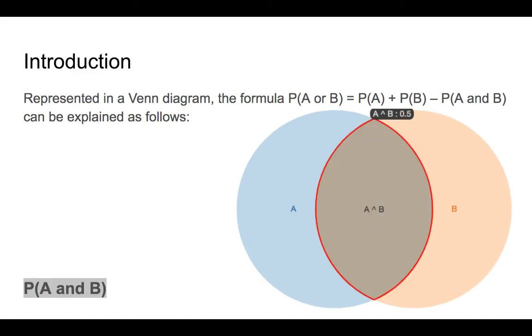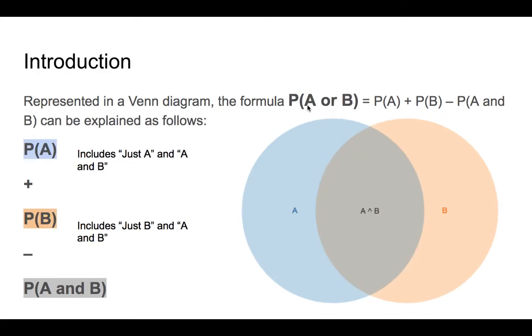And this one could be written as the probability of A and B. So to work out the formula for the probability of A or B, we have to add the probability of A plus the probability of B, but see that we will be adding twice the probability of A and B, so we have to subtract it once ourselves, and that's where this thing comes in the formula, to get rid of the overcounting of A and B.